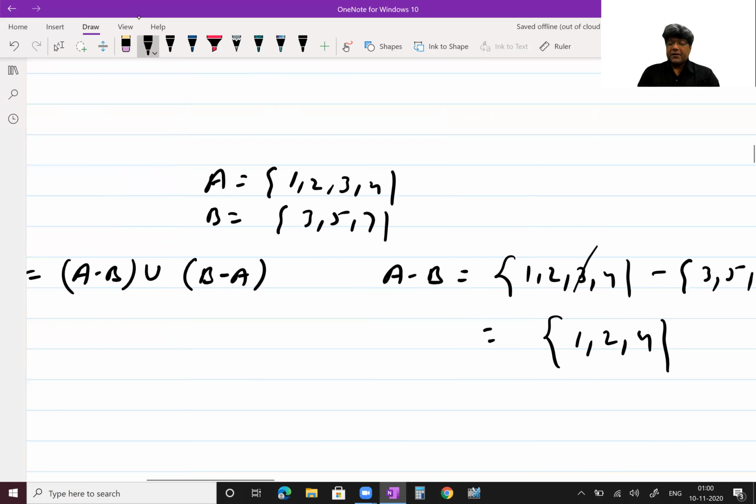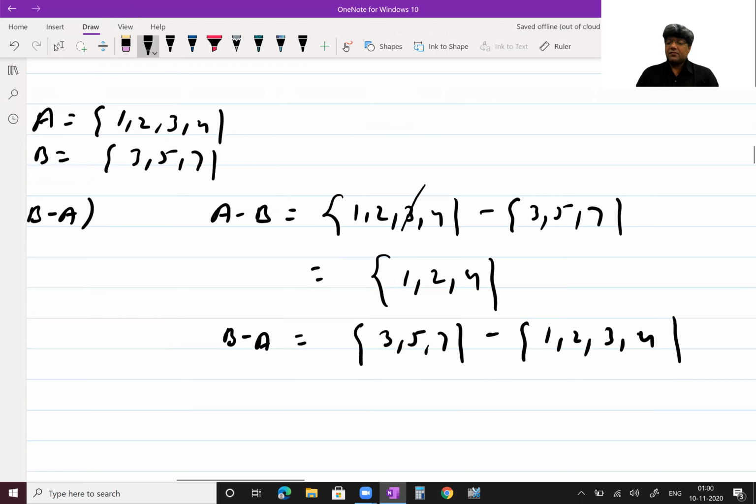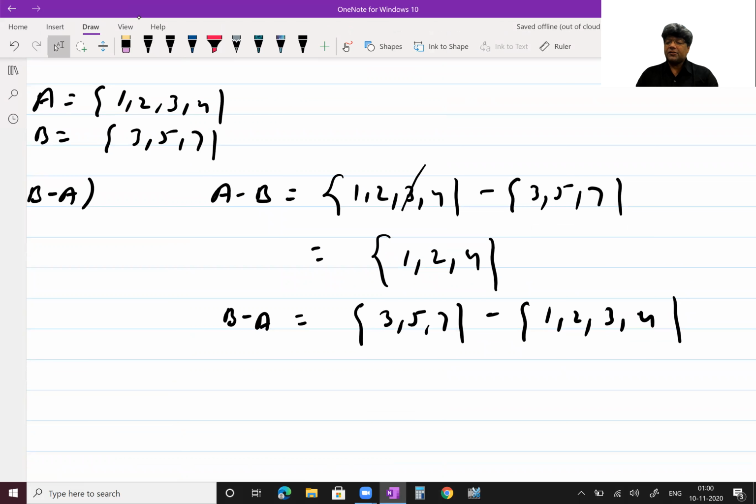Now, B minus A, if we calculate, the same rule will be followed here: 3, 5, 7 minus A. A is what? 1, 2, 3, 4. Which element is common? Only 3 is common. So delete this 3 because it is common to A. Here also you can tick, such that you will understand that you have deleted 3 because 3 is common to both.